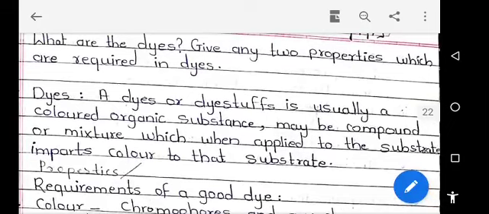How can any scientist use a particular liquid, and that liquid is perfectly useful for the particular disease? How does he know that this is useful for a particular disease? These questions will arise in all minds.